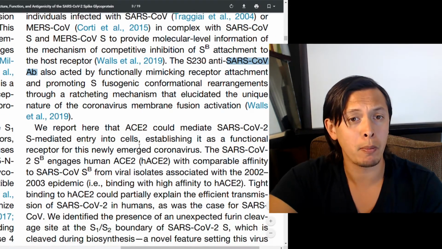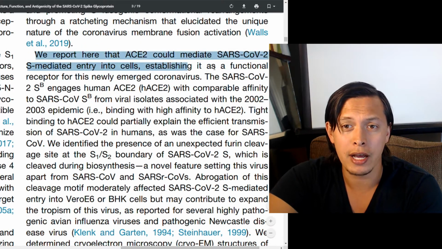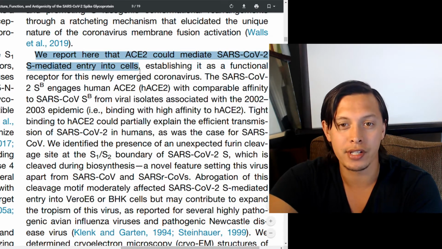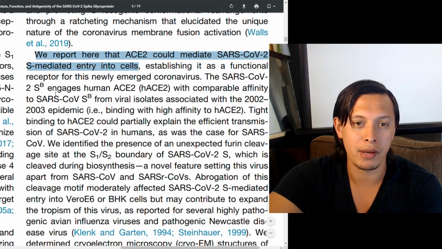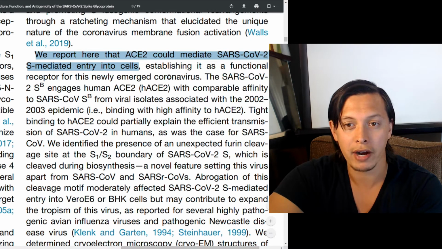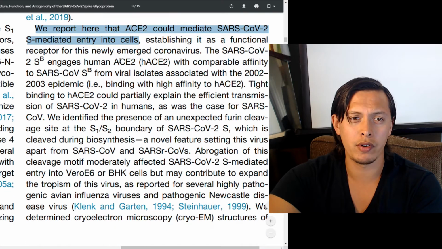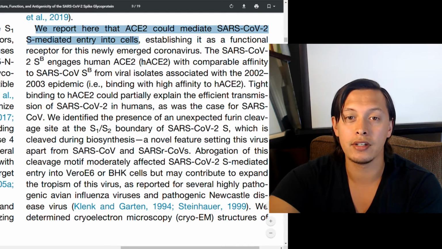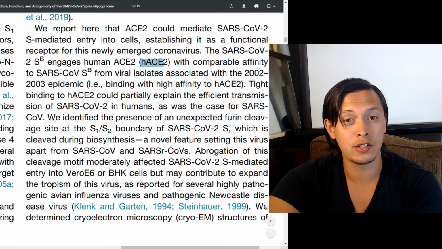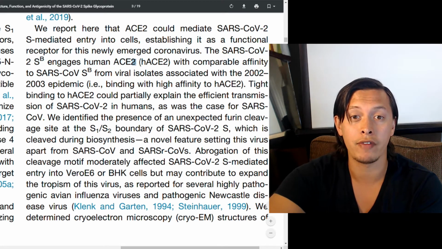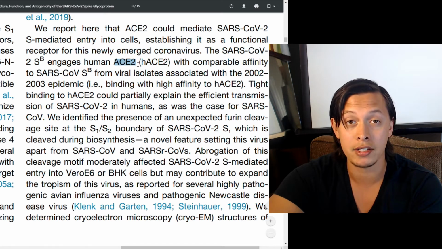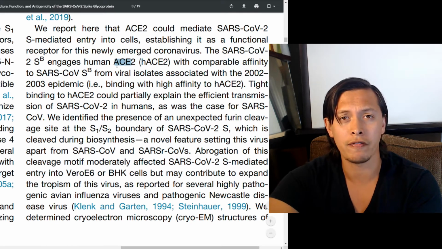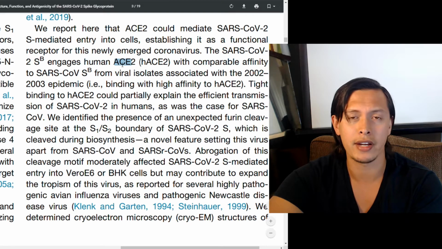Anyways, we report here that ACE2 could mediate SARS coronavirus 2 spike-mediated entry into cells, establishing it as a functional receptor for this newly emerged coronavirus. The SARS coronavirus 2 S-B engages human ACE2 and frequently, a lot of these ACE2 proteins are not just in humans, they are found in a lot of mammals, and in fact, I think ACEs are found throughout insects as well.